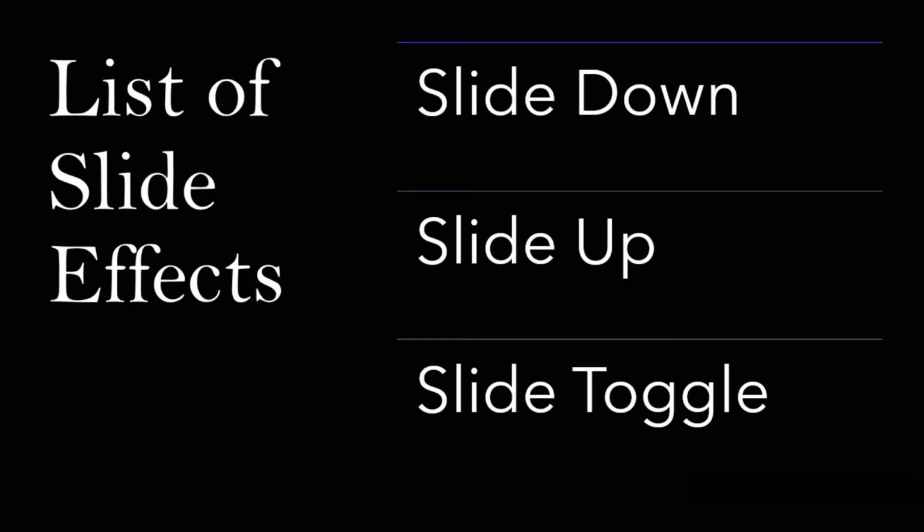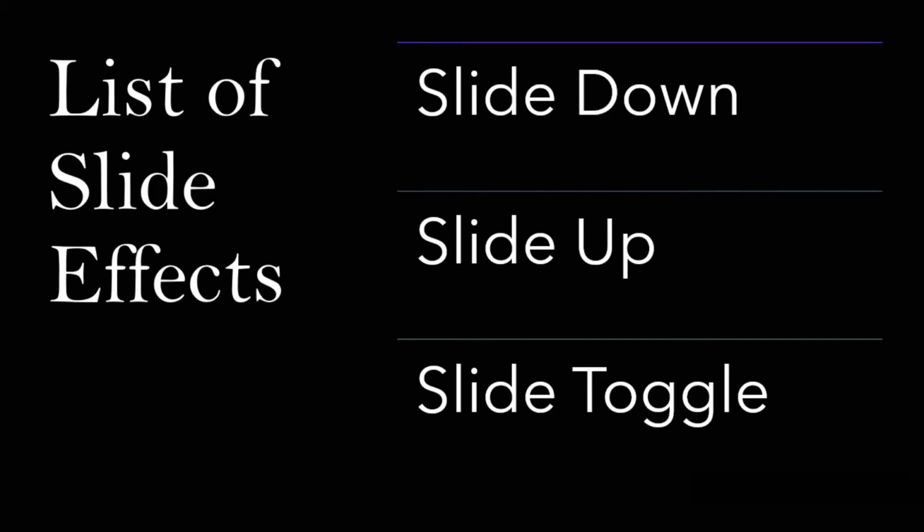And when we remove our hover or click in some other area, the displayed menu disappears. For that, slide up is used, and slide toggle is the combination of slide down and slide up. So slide down displays something, slide up makes that thing disappear, and slide toggle is the combination of both.